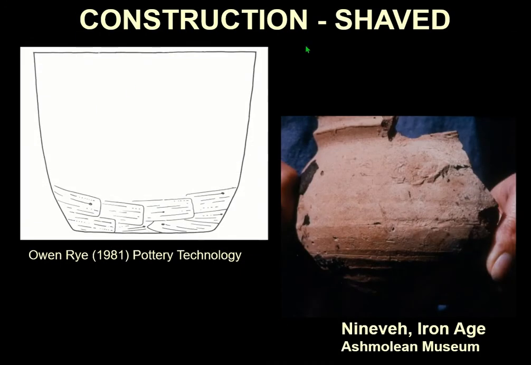So another construction technique, and I think the last one thankfully, is shaving. So shaving is basically you use a tool like turning, but you don't have it on the wheel. And this vessel actually I think may be turned rather than shaved, but the main thing is you can see up here the soft impression of a hand on wet clay, and down here the angular impression of a tool on not quite soft clay.